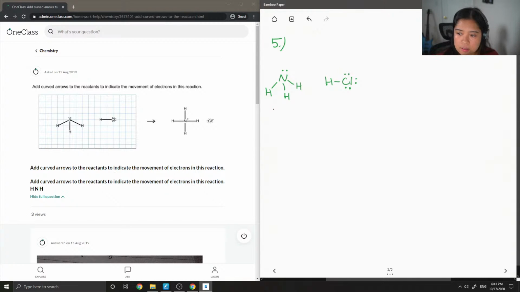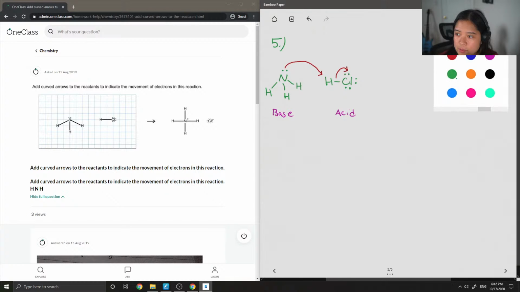In this case, our NH3 is the base. You can see it like that. And then the HCl is our acid. Doing the movement of electrons, you'll see that this one will deprotonate the hydrogen chloride. And then that gives us our final product.